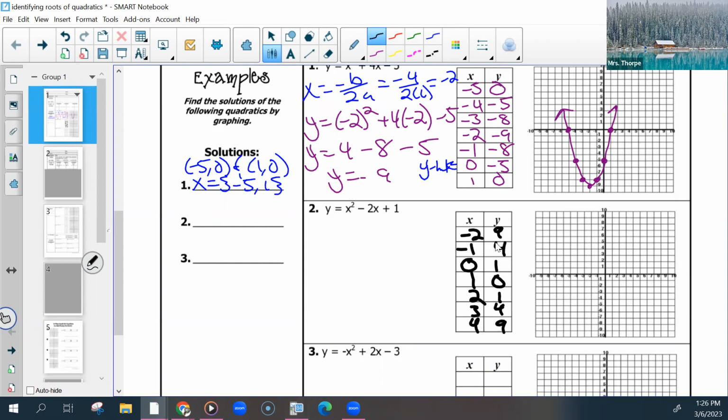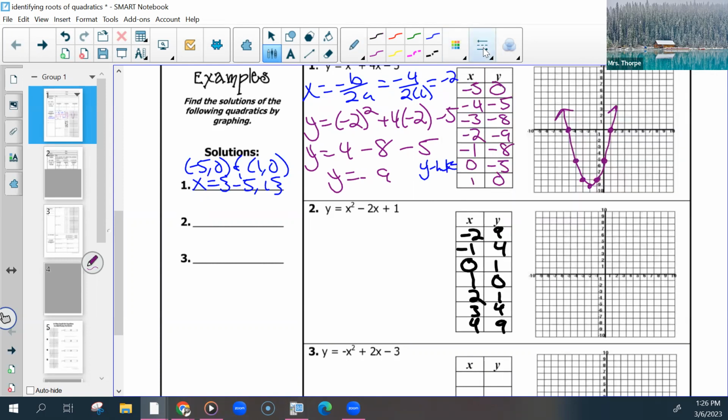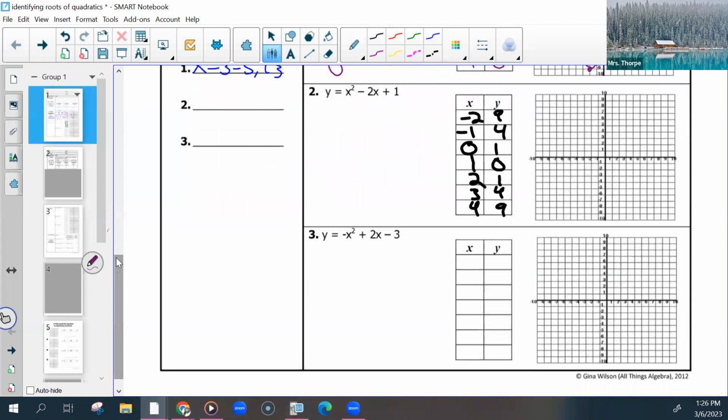Plot all your points. It should look something like that.